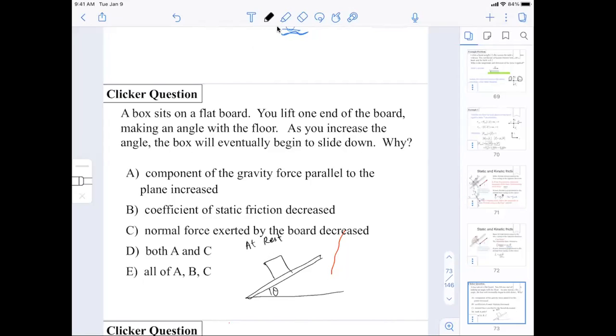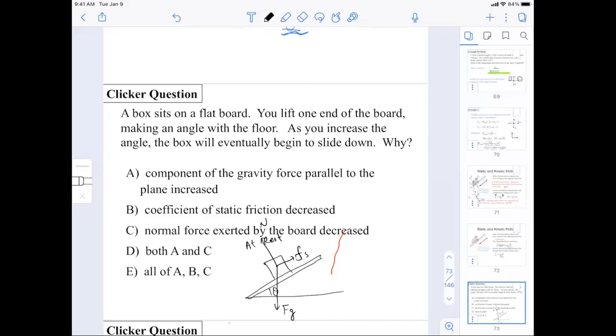Or you could just start naming the forces one by one. Gravity. Gravity, okay, and? Normal force and friction. Normal force and friction, very good.